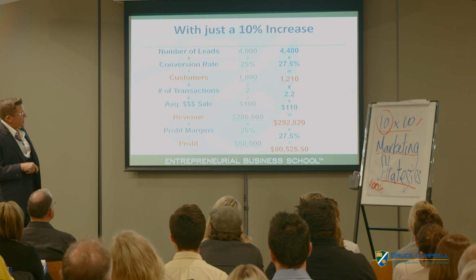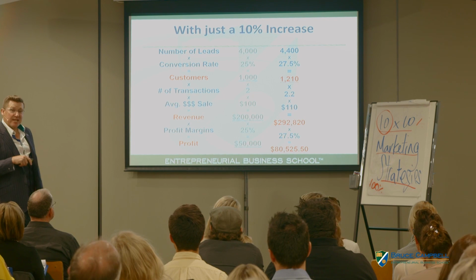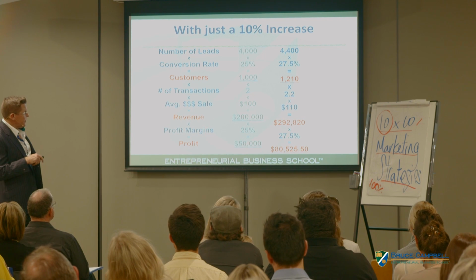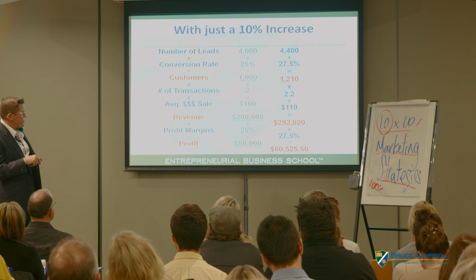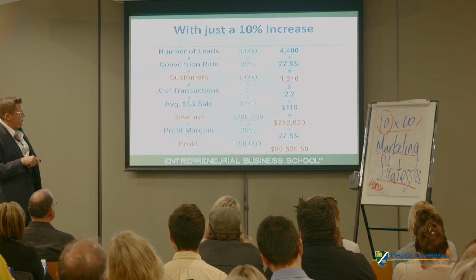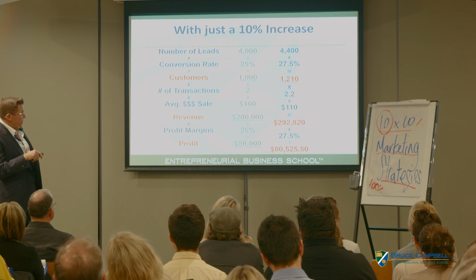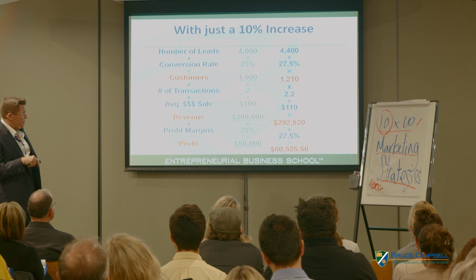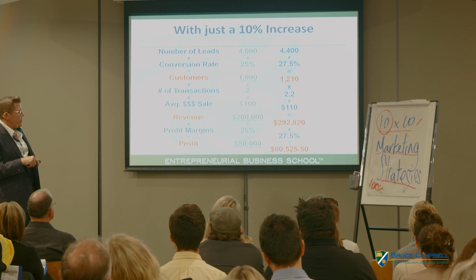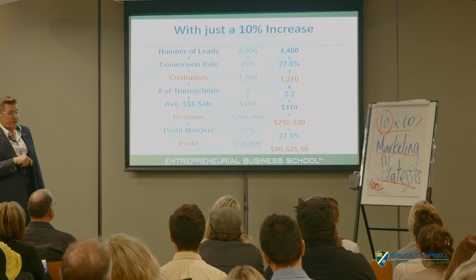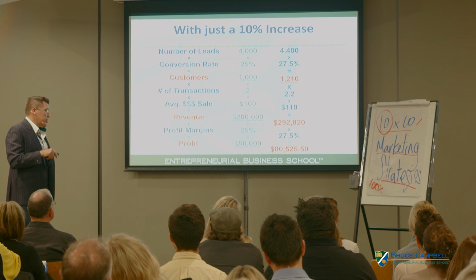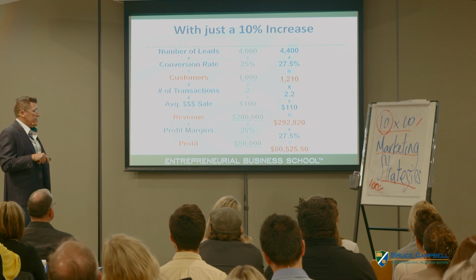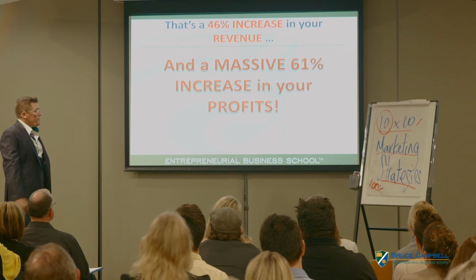You'll see in this column here that it actually starts compounding. So 2 goes to 2.2, $100 goes to 110. This business, on only four of the 5 ways, has gone from 200 to 292,000 of revenue. Their margin's gone up as well, that 10%, so they've gone up from 50 to 80.